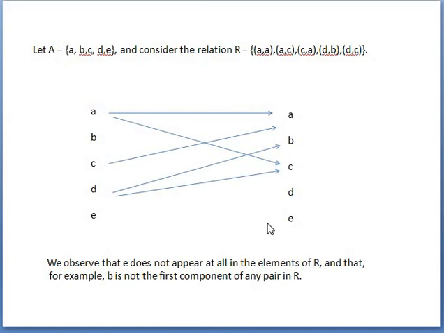Similarly, E is not related to any element. Here also, B is not placed in the first position, and we are not getting any pair with E. So from this figure also it is clear. In this way, we can represent a relation in graphical form.